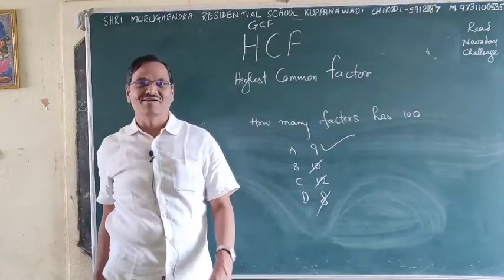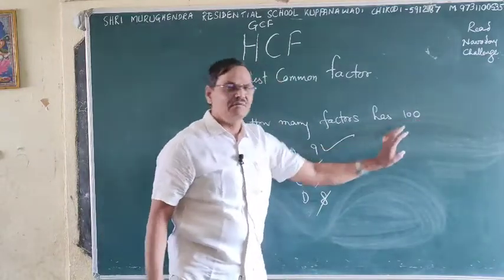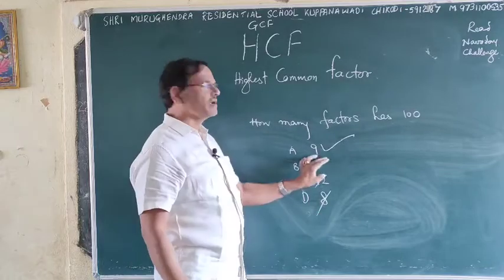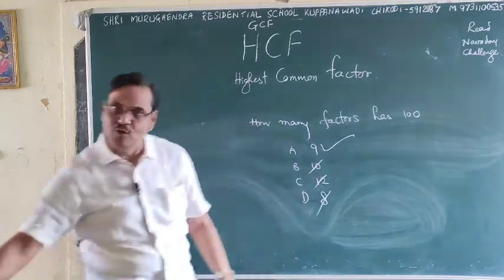We can write this, because 100 is a square number, so an odd number of factors will come. Like this you can do.